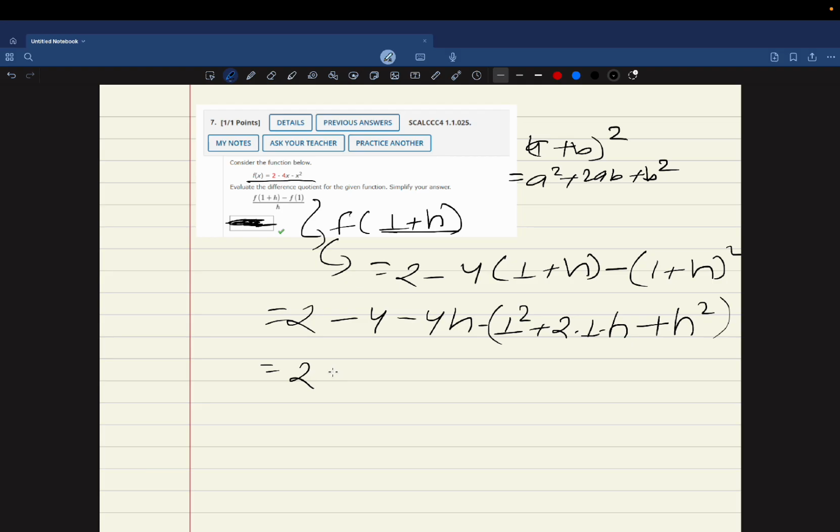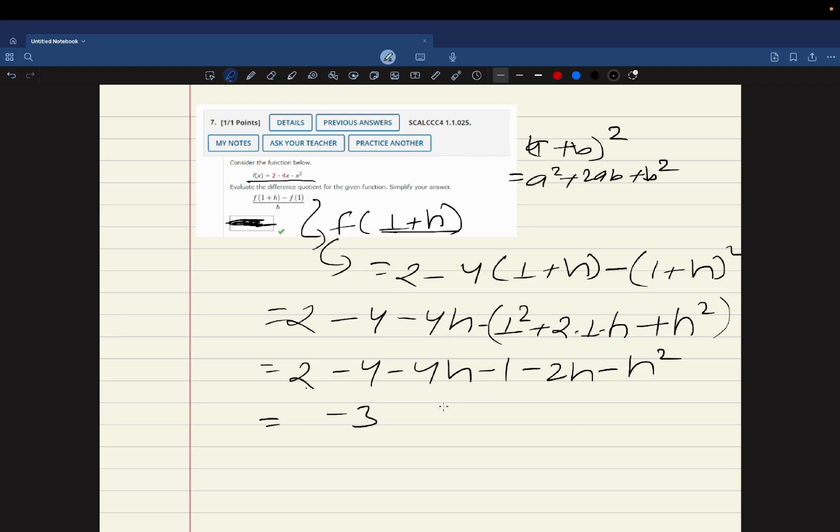Now it will be 2 minus 4 minus 4h minus, so 1 squared is 1, minus, and then 2 times 1 times h is 2h. Now again minus plus is minus, and the h square is h square. So now what we can do is, 2 minus 4 is minus 2, minus 2 minus 1 is minus 3, right?